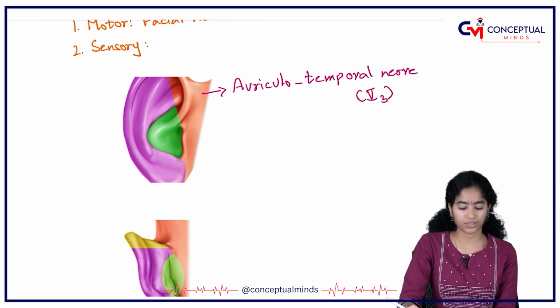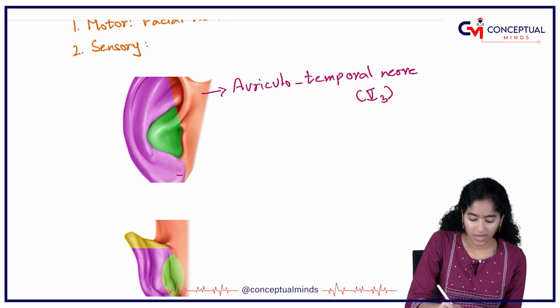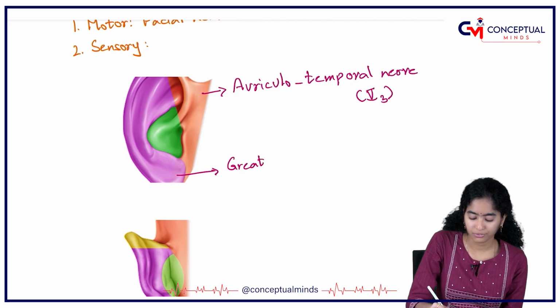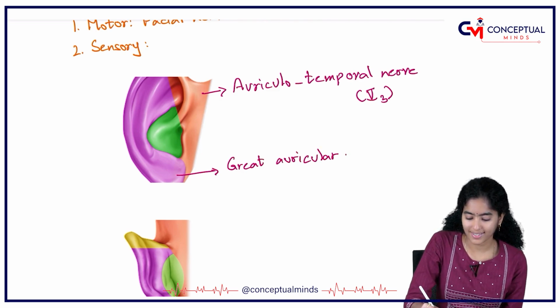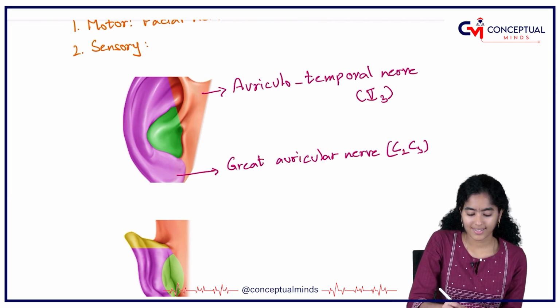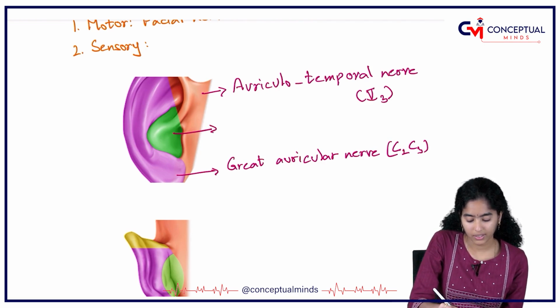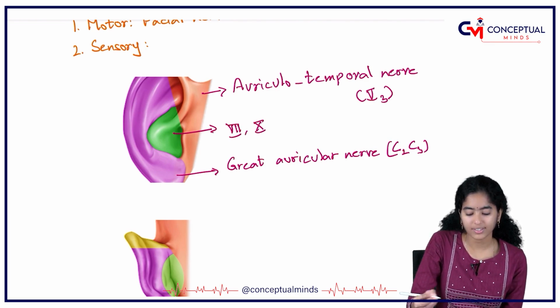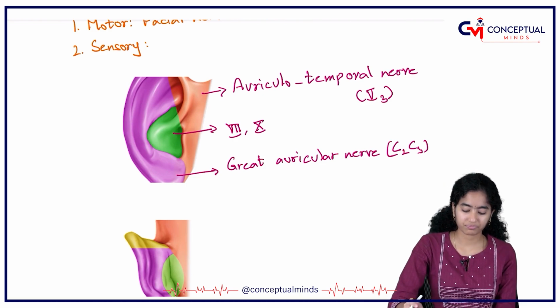This part is supplied by the great auricular nerve, which comes directly from the cervical plexus, C2 and C3. And this green area is supplied by cranial nerves, the facial nerve and vagus nerve, the 7th and 10th cranial nerves.